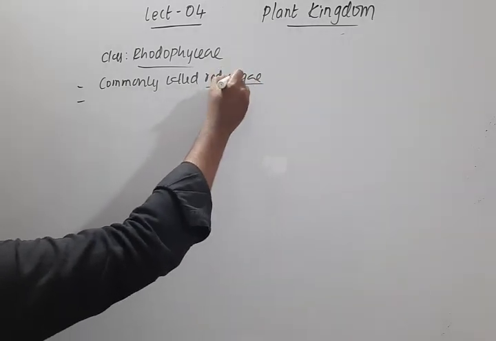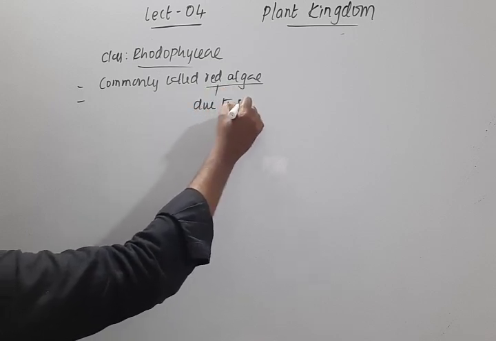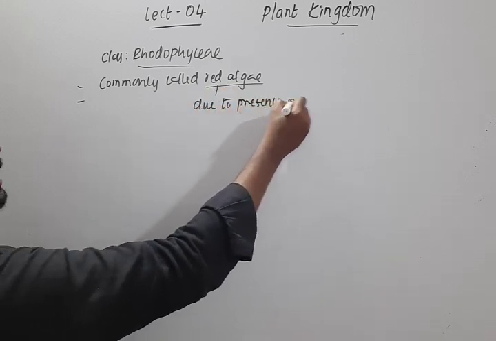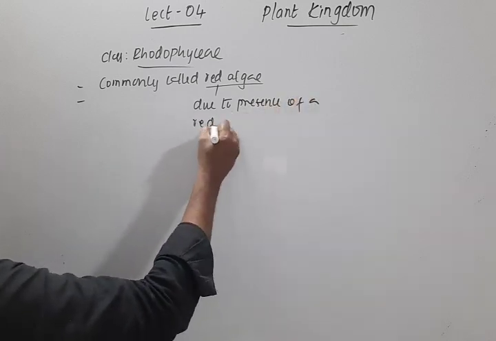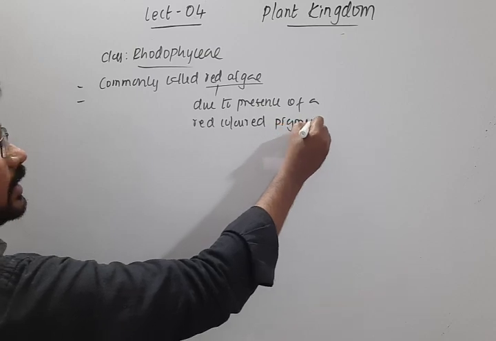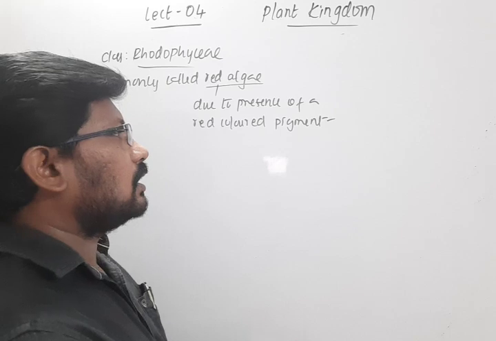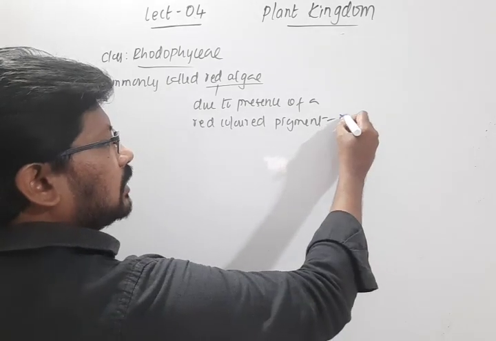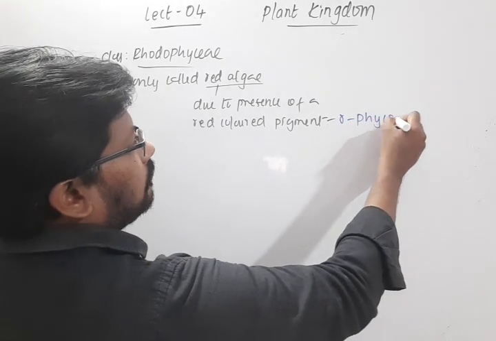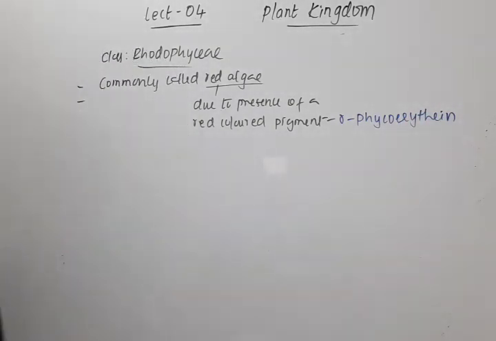The red color is due to the presence of a red colored pigment, and that red colored pigment is called R-phycoerythrin.